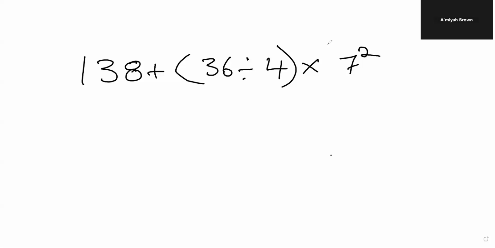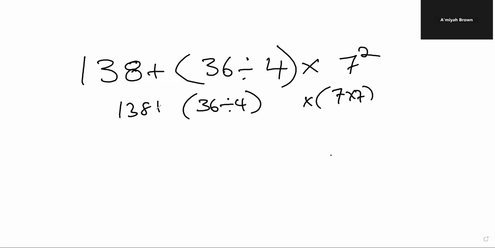The first thing that you can do is find the multiple of the 7, and then you're going to work out the bracket. The multiple would be 49.